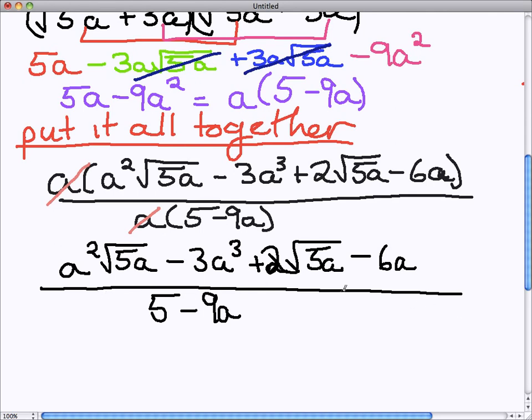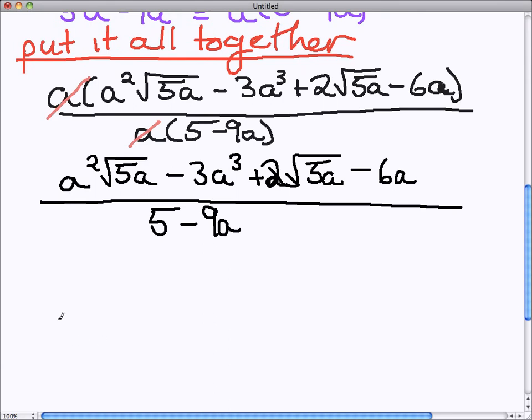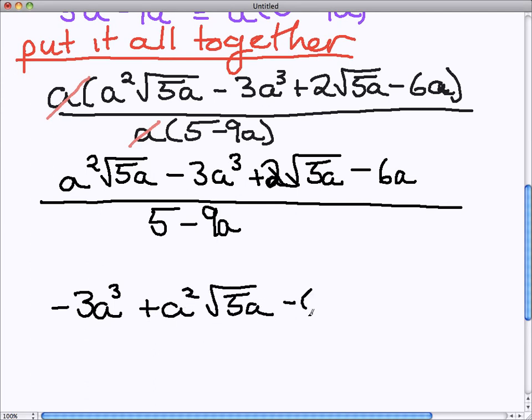There is no real standard form. If you want to put it in descending order, you can, and that would be negative 3a cubed plus a squared root 5a minus 6a plus 2 root 5a.